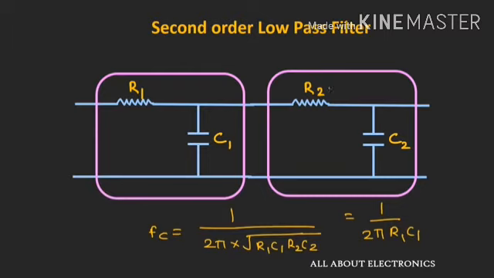To minimize the loading effect, the value of R2 should be at least 10 times R1. The best way to minimize the effect of loading is to use active filters, because these active filters not only provide gain, but they also act as a buffer between the two stages. We will see more about these active filters once we complete all the passive filters.